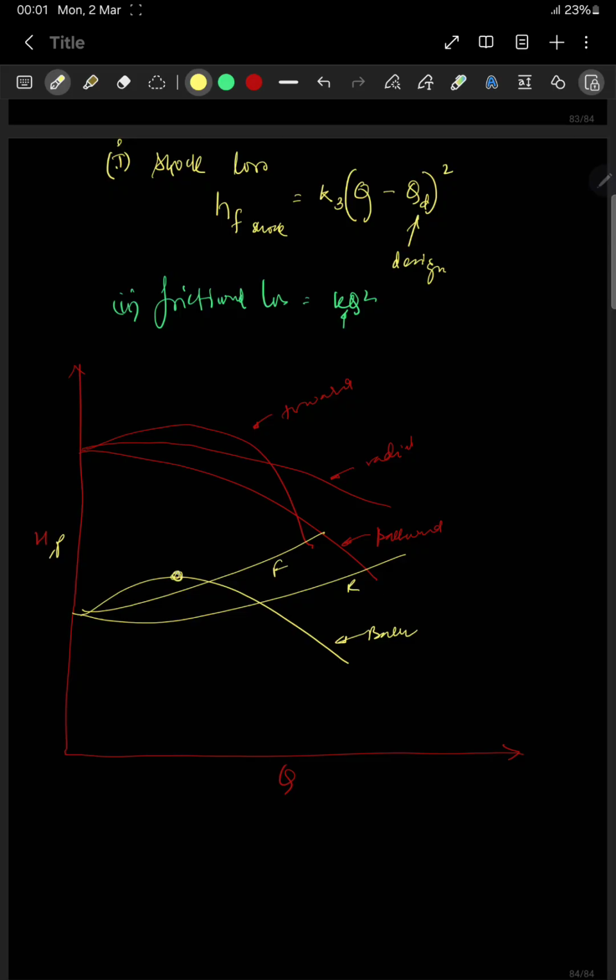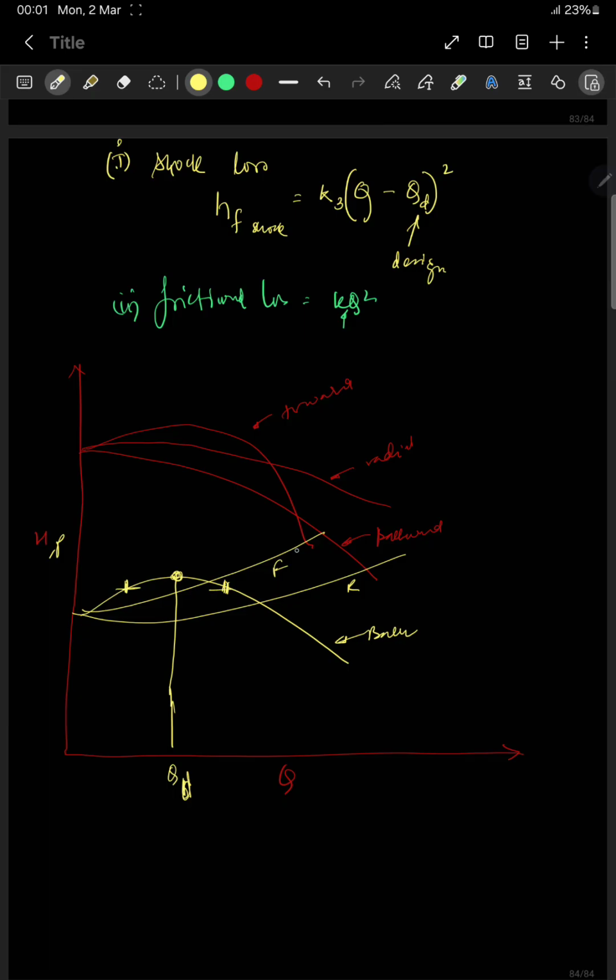Backward, we can see that if this is the operational point, anywhere below and above the operational point is at a lower power. So if a load is suddenly increased and the flow rate decreases, the power will also decrease. In the reverse, the power will decrease.